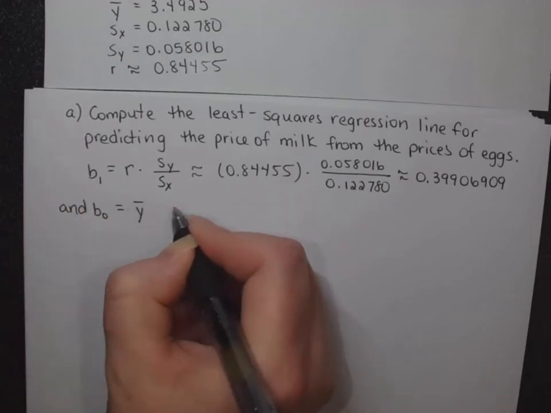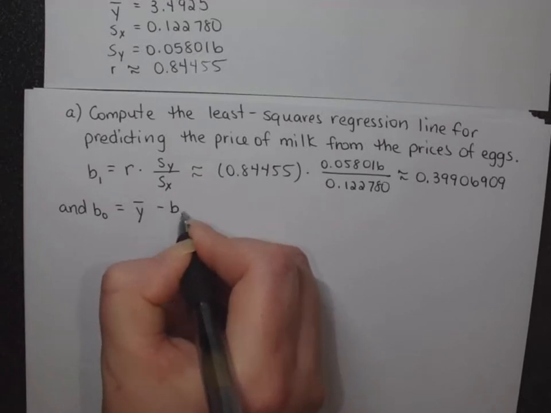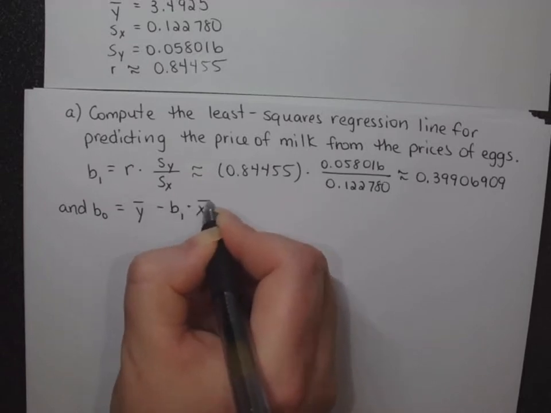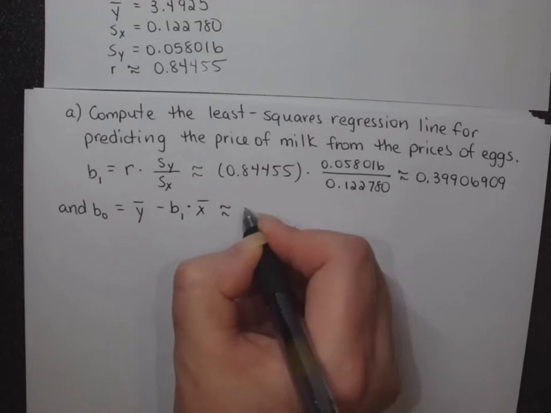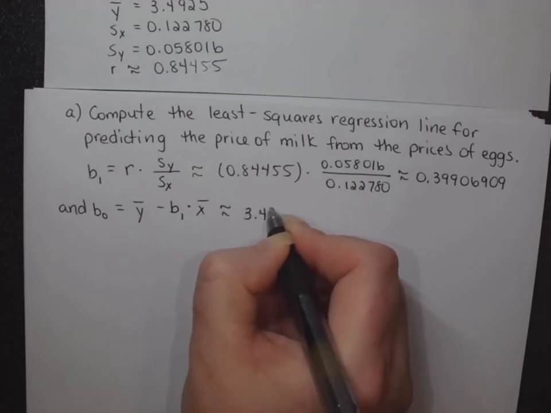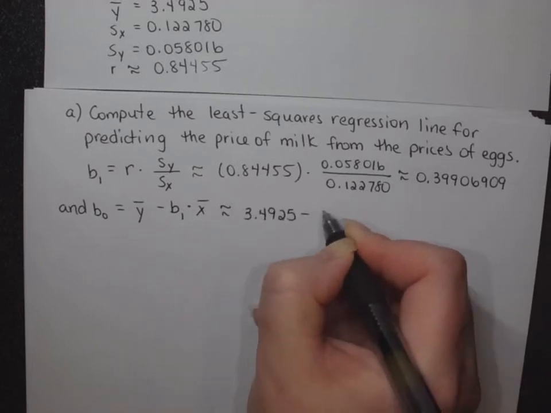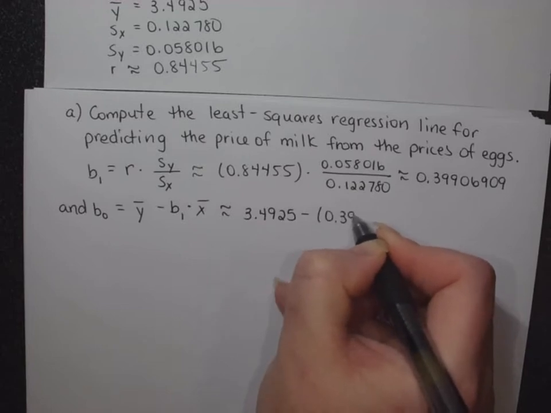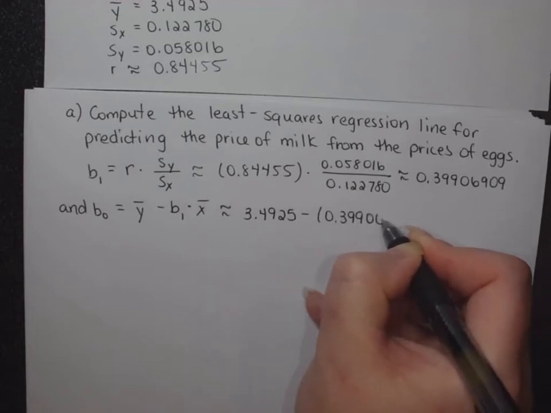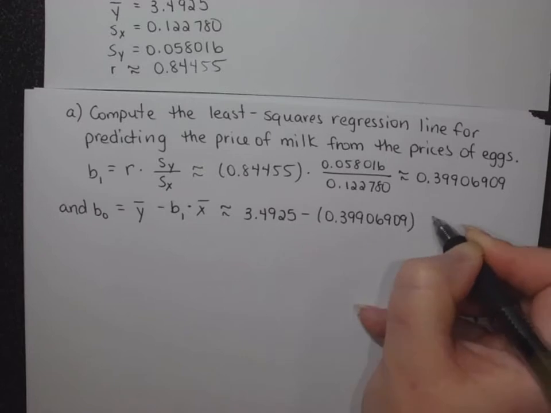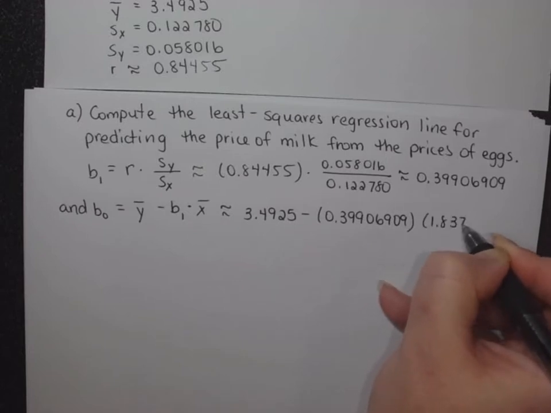So b sub 0, remember, is y average minus the b sub 1 you just got times the x average. So it's going to be about 3.4925 minus that b value we just got, and then times 1.8375.